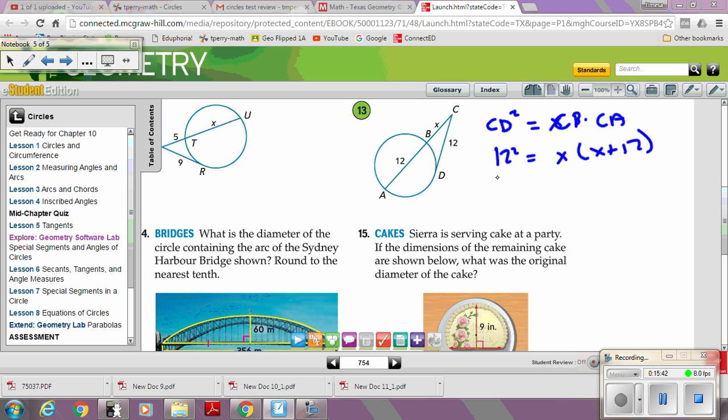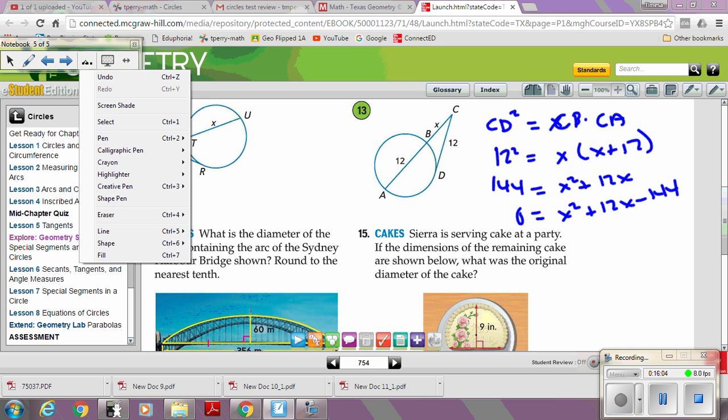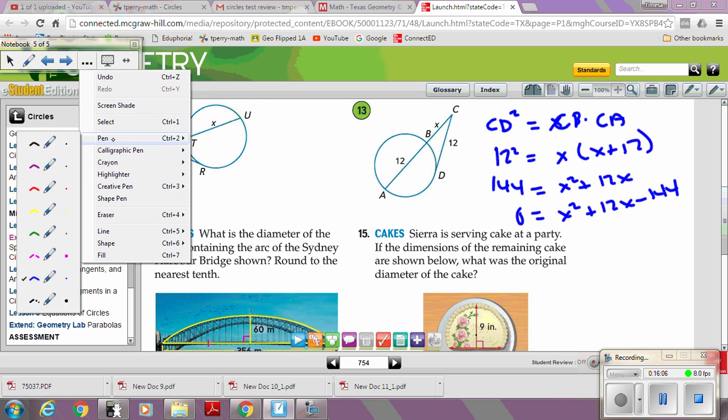So we square 12, we get 144. Distribute x, you get x squared plus 12x. Again, we have a quadratic situation, so we must subtract 144 to get 0 equals x squared plus 12x minus 144. So we have to use the quadratic formula again.